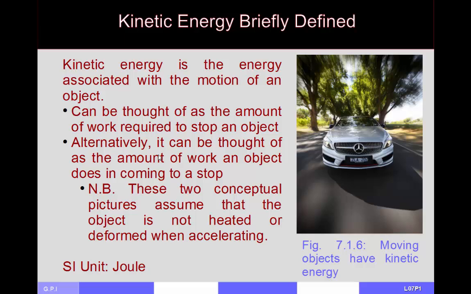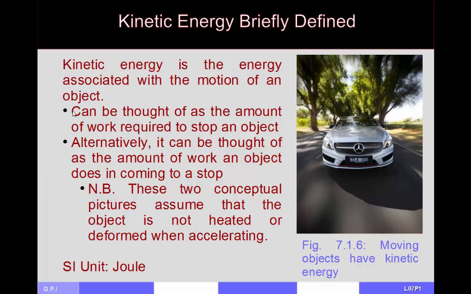So, for example, imagine that you have a block which is sliding across a frictionless surface. If that block needs to be brought to a stop, it can push against some other object. How much work will it do pushing against that other object by the time that it comes to a complete stop?